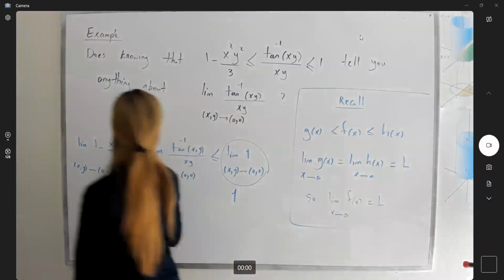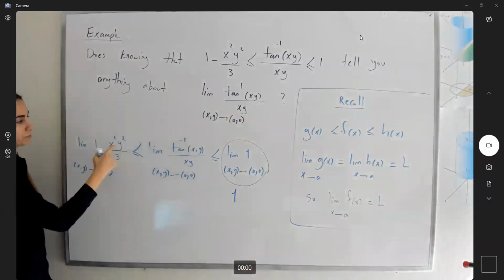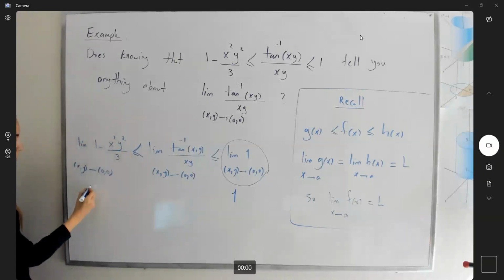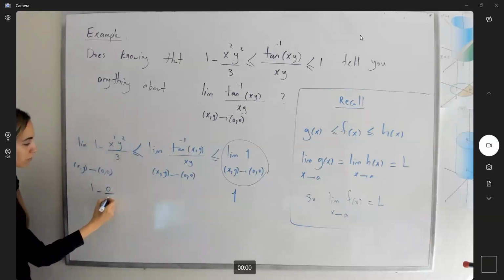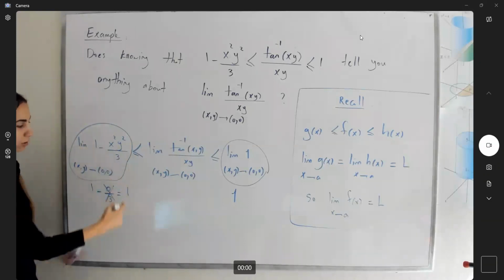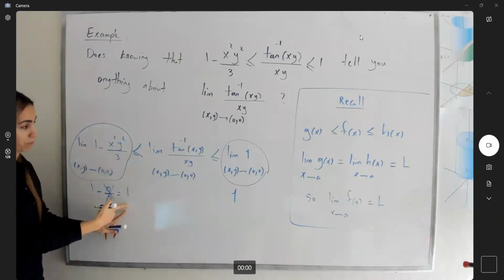On the left hand side, here you have x squared times y squared. It means that to find the limit, remember the very first step, it was substitution. It becomes 1 minus 0 divided by 3 or just 1. So the limit from the left is also 1.